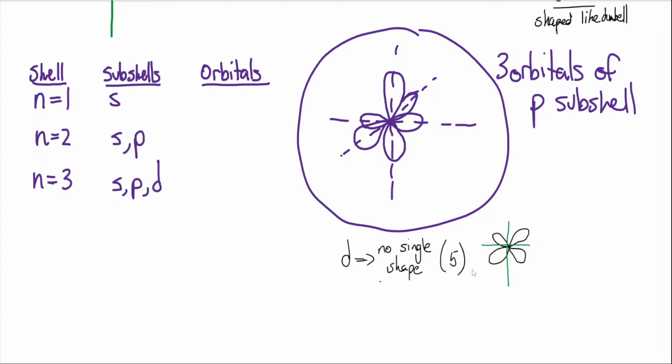So there are 3 of these. Then there's one that is actually lined up on the actual axes, like this. And then there's one that looks nothing like any of the others. It's got a donut in the middle, and then it's got our normal lobe-looking things.